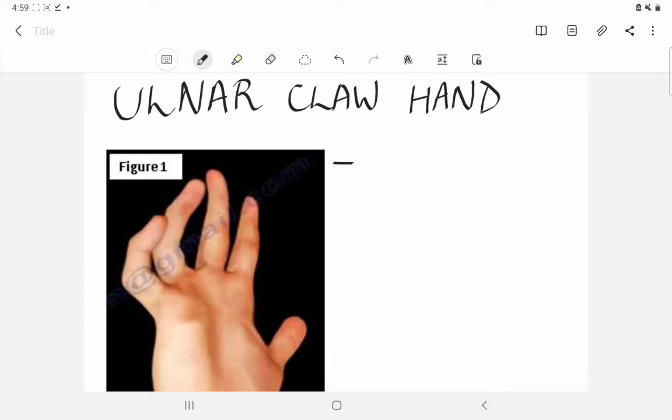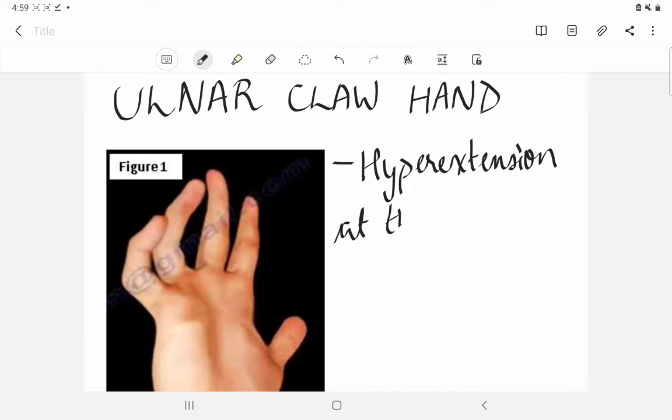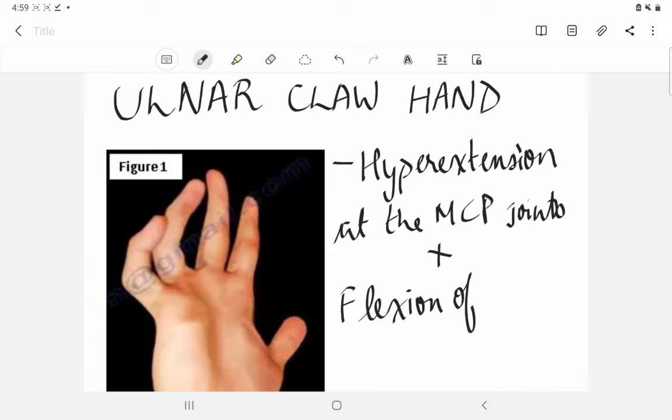What leads to claw hand deformity is the hyperextension at the metacarpophalangeal joints and the flexion of the interphalangeal joints. And this is something you have to commit to memory.